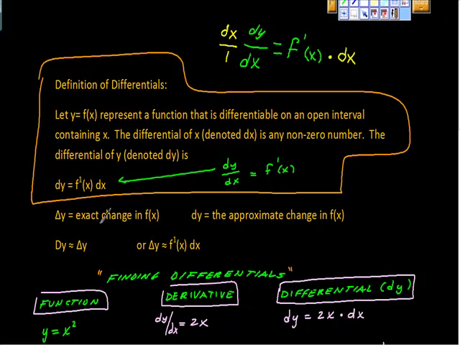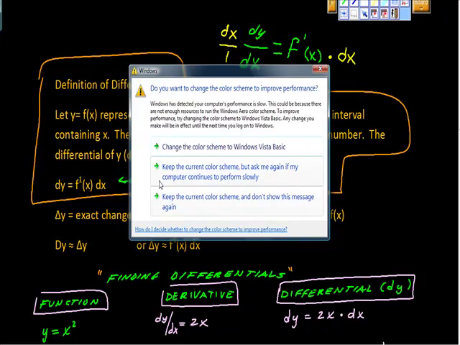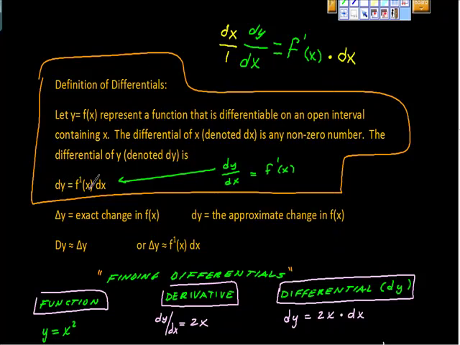So this is just some notation for you to write down. I'm going to put this all together in the next video. But here, we're going to say that the change in y, or delta y, is equal to the exact change in f of x. I promise it will make sense later. Where dy is the approximate change in f of x. And if that's true, then dy is approximately equal to the change in y. So I'm asking you to believe that dy is approximately the same as the change in y, and I'm telling you that dy is equal to this.